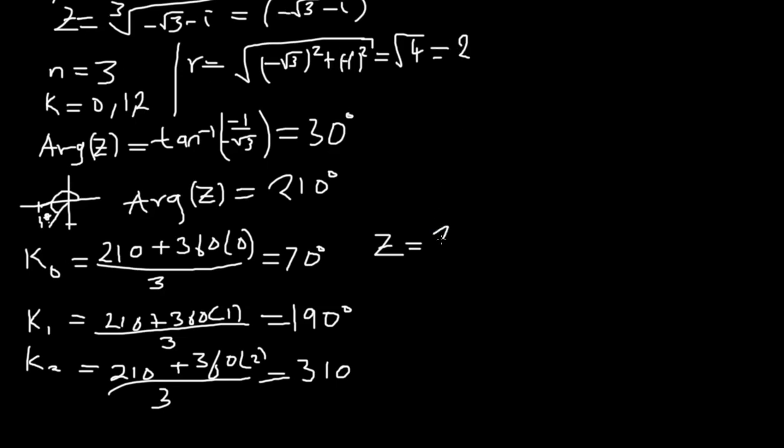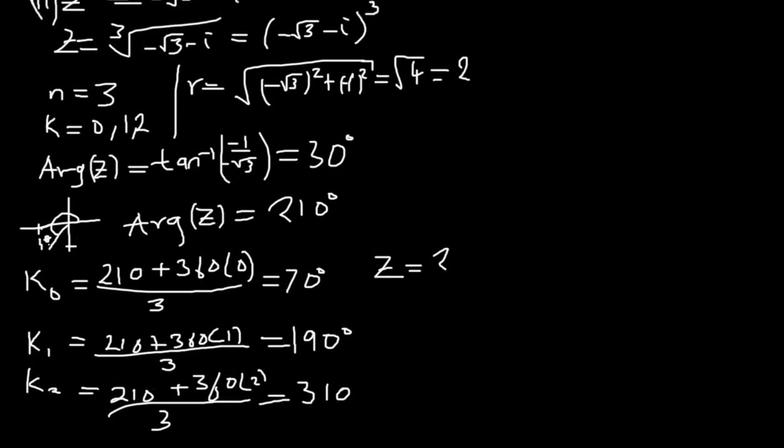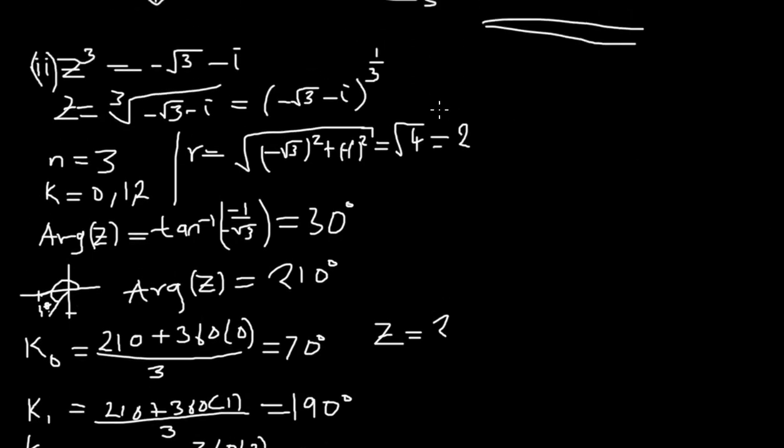So you raise 2 to the power 1 over 3, and then open brackets, cos 70 when k is equal to 0. So this is our z0: cos 70 plus i sine 70.